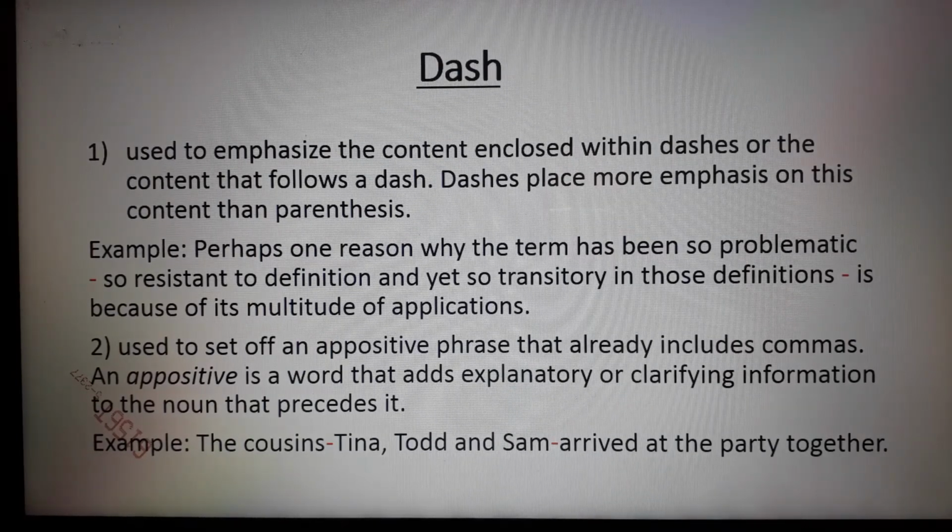So as you can see, Tina, Todd, and Sam is an appositive. It's a phrase that already includes commas. So when you have that situation, you have to use dashes, yes? So you say, the cousins—Tina, Todd, and Sam—arrive at the party together, okay?